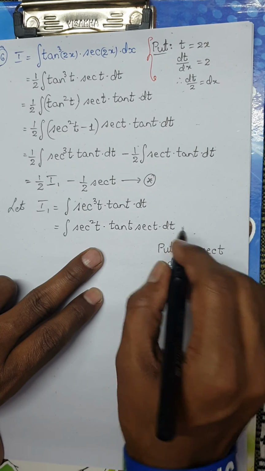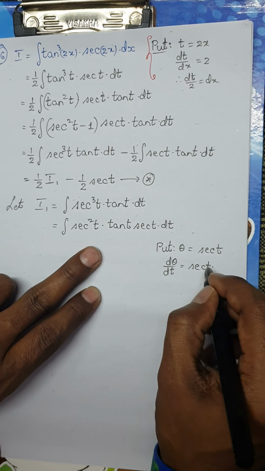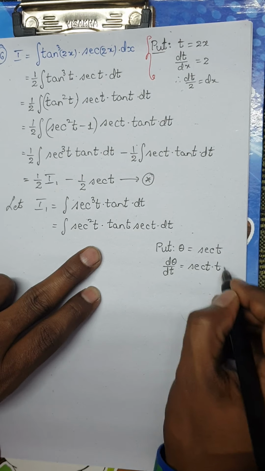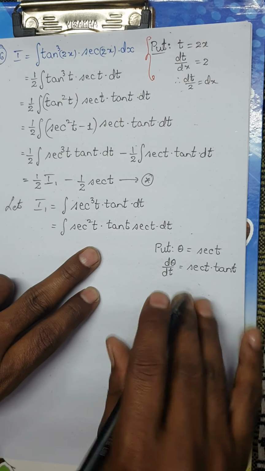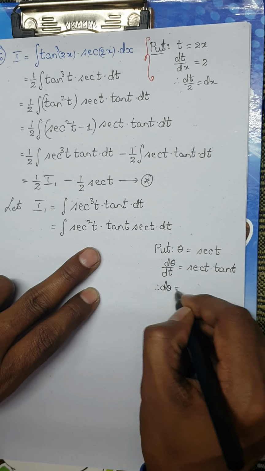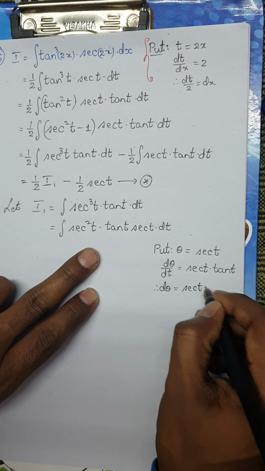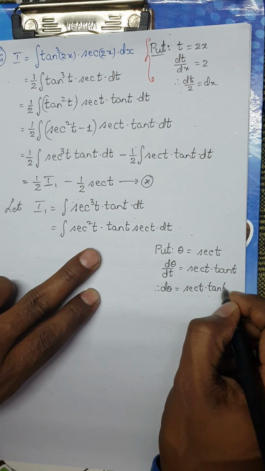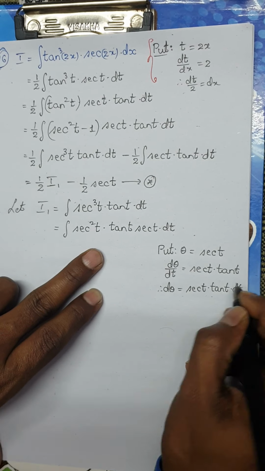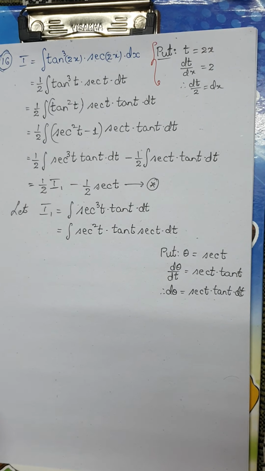Let me differentiate. Now what is the derivative of secant? We know the derivative of secant is secant into tan. So I'll get secant t into tan t. Therefore d theta would be, remember, cross multiply, secant t into tan t dt. Quite a challenging question this is, but not impossible.